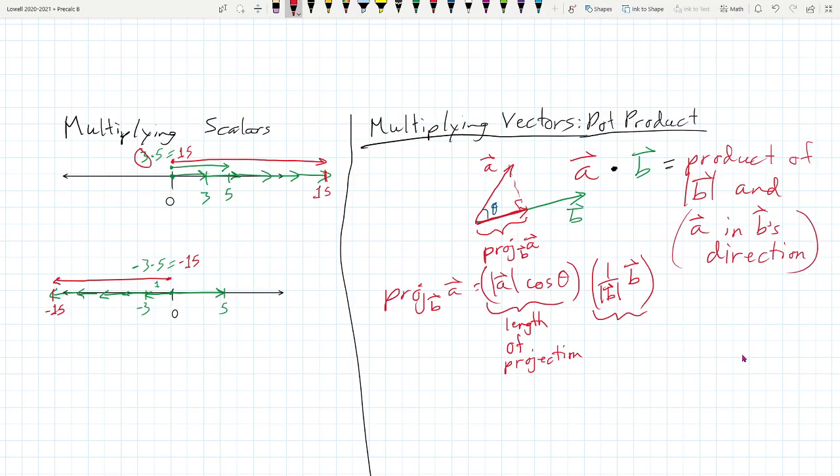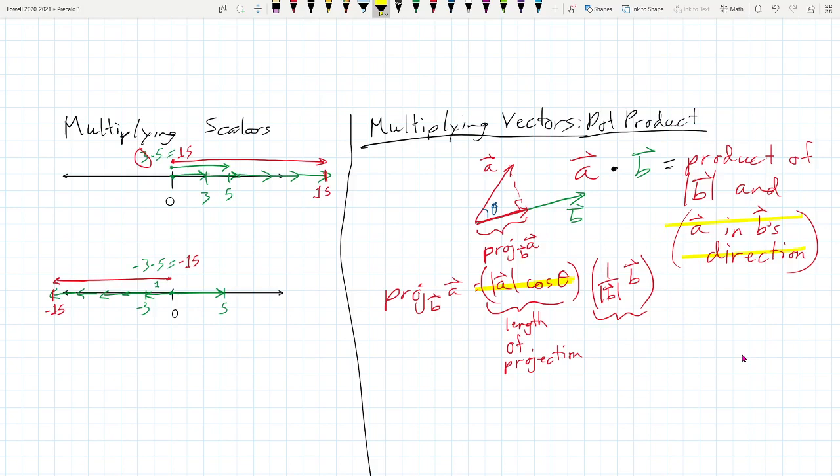This right here is the vector projection. We actually don't care specifically about the vector, but we care how long that shadow vector, that projection vector is.